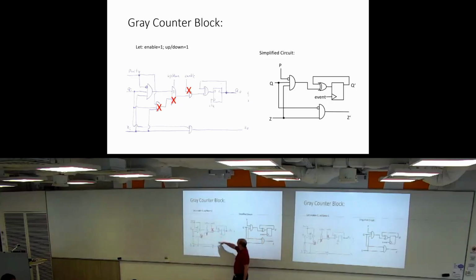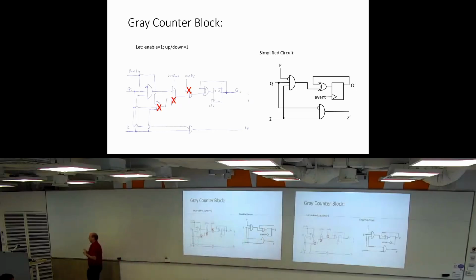What I crossed here are just optional inputs for up-down counting and for an enable of the counter, which you may have as additional control signals. And if you want to only count up, the remaining circuit looks like that. And then you need to connect.